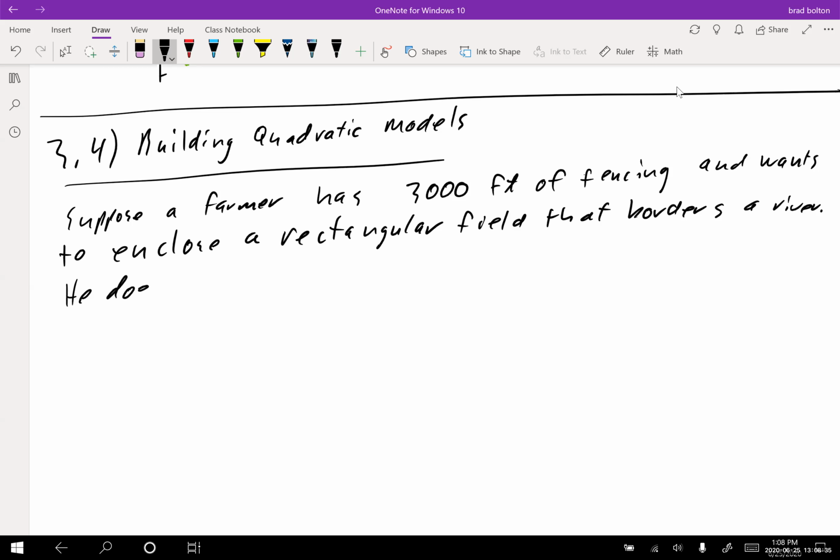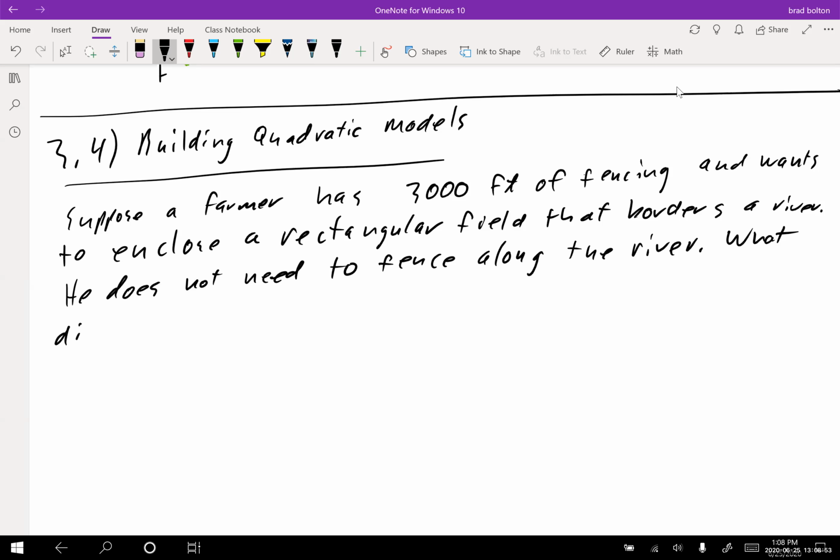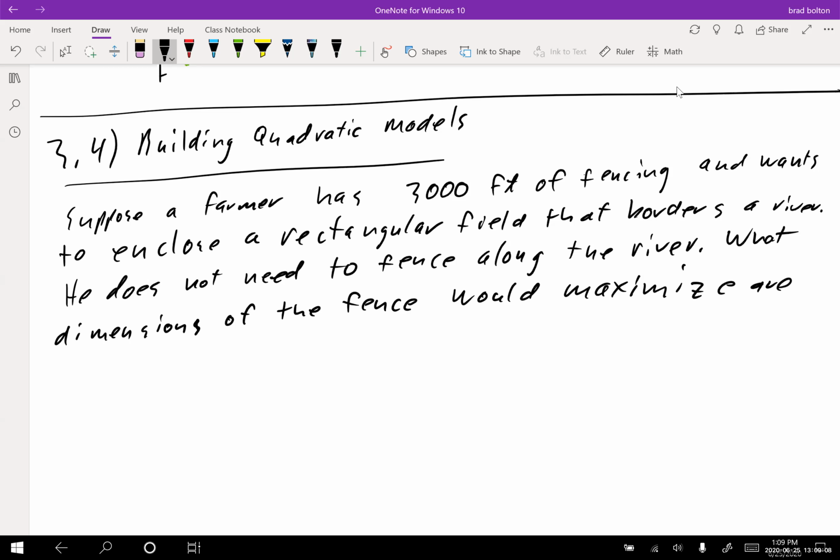He or she does not need to fence along the river. So it's like a natural barrier. So they can save a little fencing. What dimensions of the fence would maximize area? Okay, so I want to know what size of fence should I be building that will help me maximize the area that I can enclose.